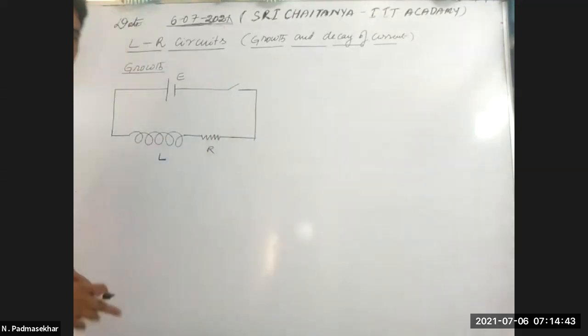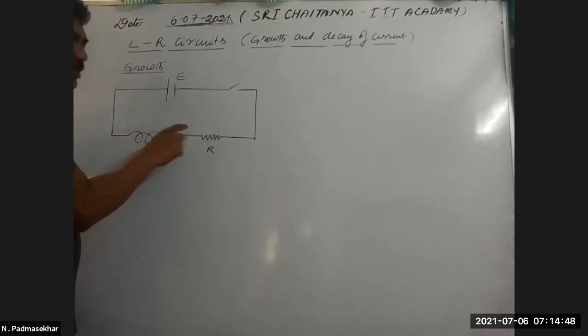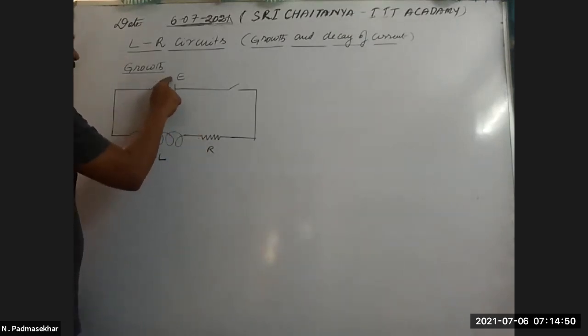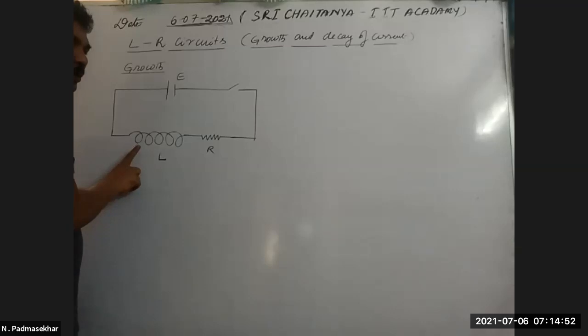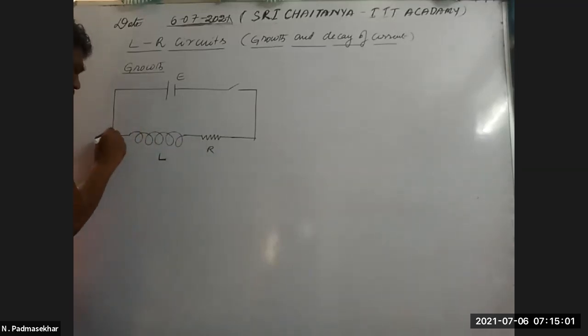And it is like this initially. So initially, this is the circuit. There is a battery of EMF E connected to a coil and a resistance. The inductor coil is taken to be of negligible resistance.